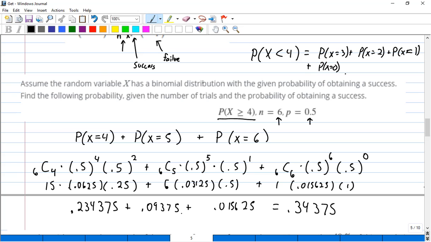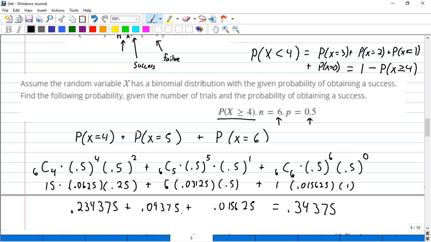Another way to do that, though, is to say 1 minus the probability that x is greater than or equal to 4. That's using the complement.